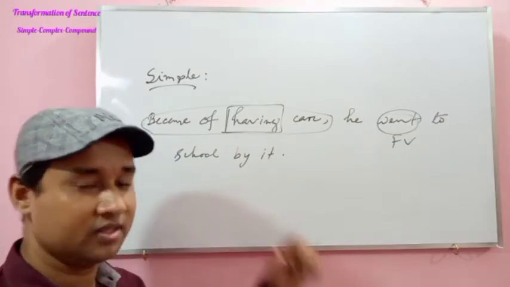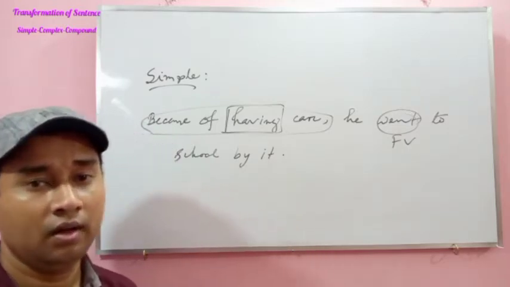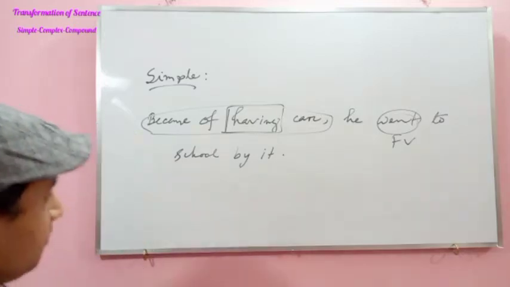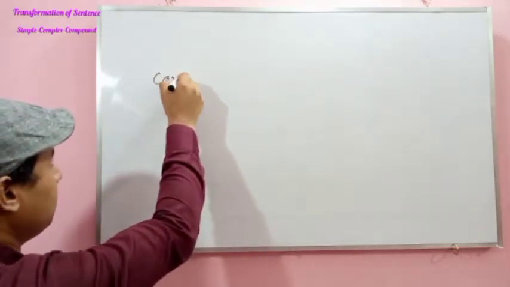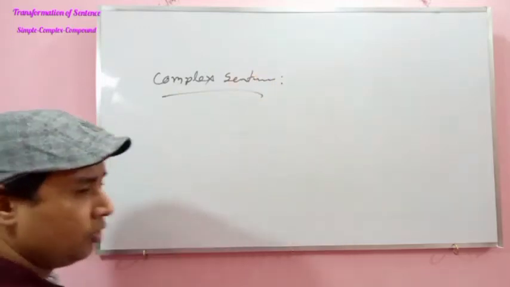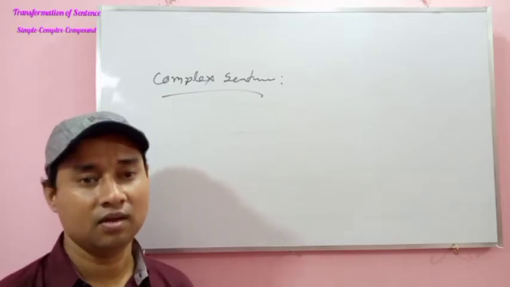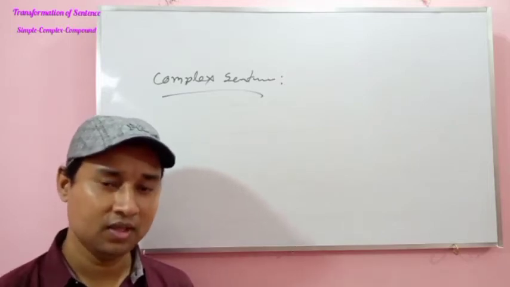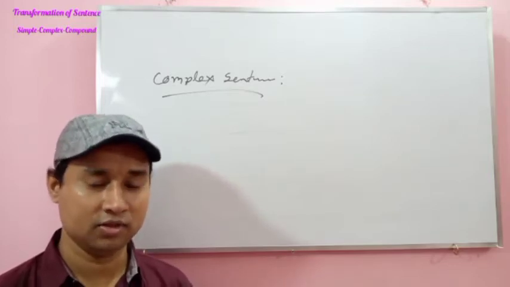I think you will understand this, but complex and compound sentences have a minimum of two clauses. Complex sentence. What do you mean by complex sentence? I told that a complex sentence has a minimum of two clauses, and these two clauses are joined with a subordinate conjunction.